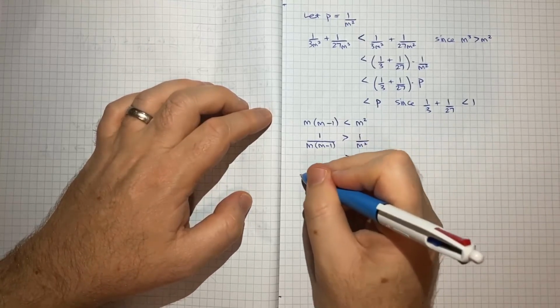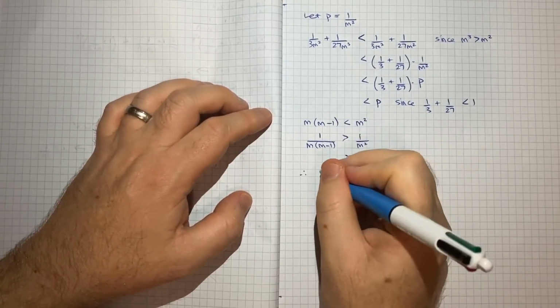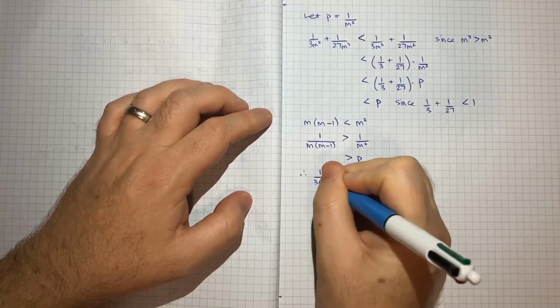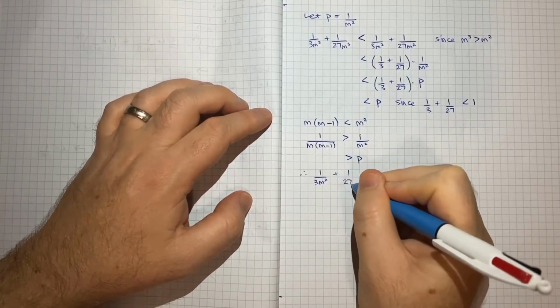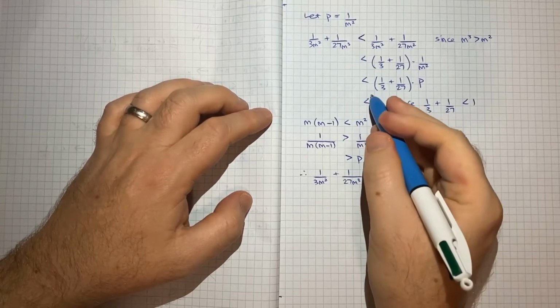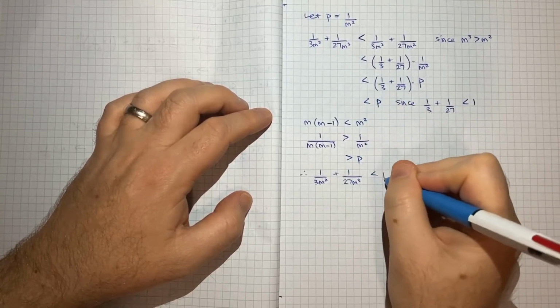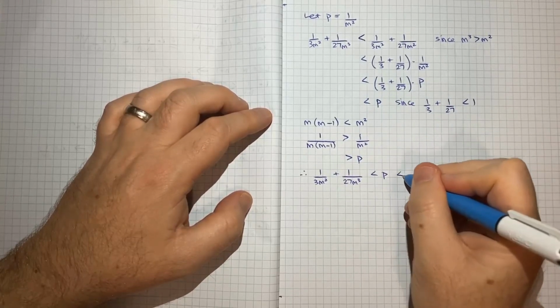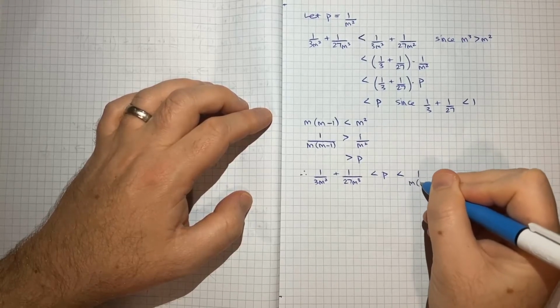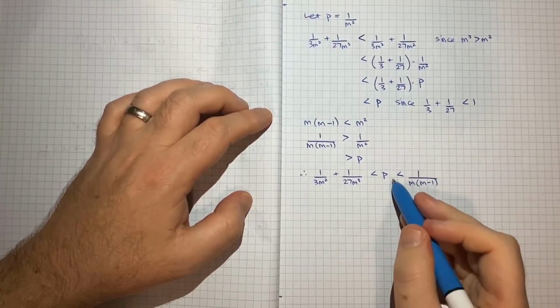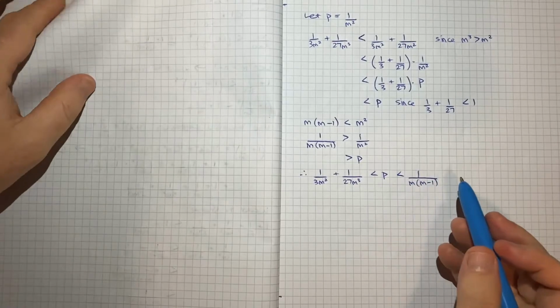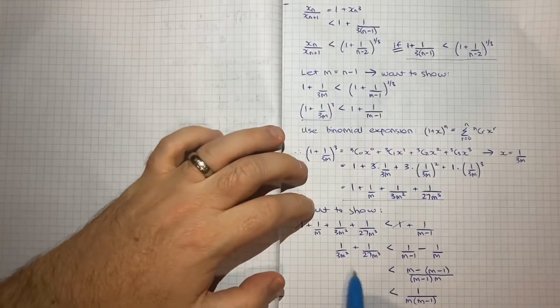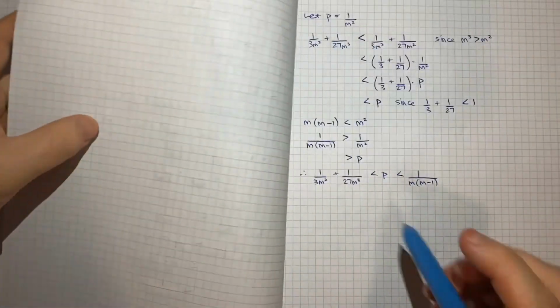So what I can conclude is that 1 on 3m squared plus 1 on 27m cubed is less than p, and p is less than 1 on m minus 1, which means this inequality is true because p sits between them.